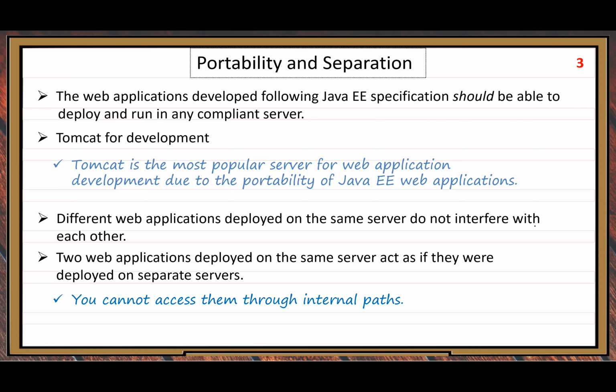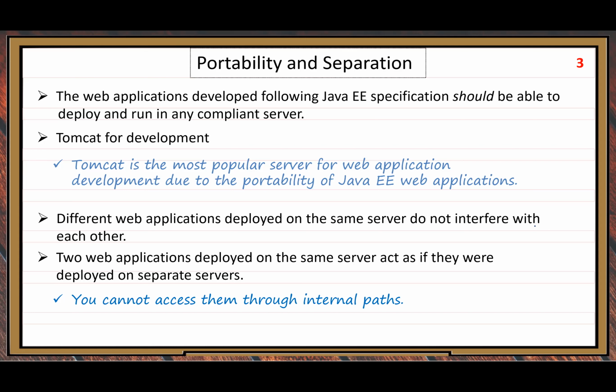So you cannot access them through internal paths. We know internal paths; suppose you have a Unix environment, Linux. Usually the web server may use a Linux environment, and in the Linux environment there is an internal path.